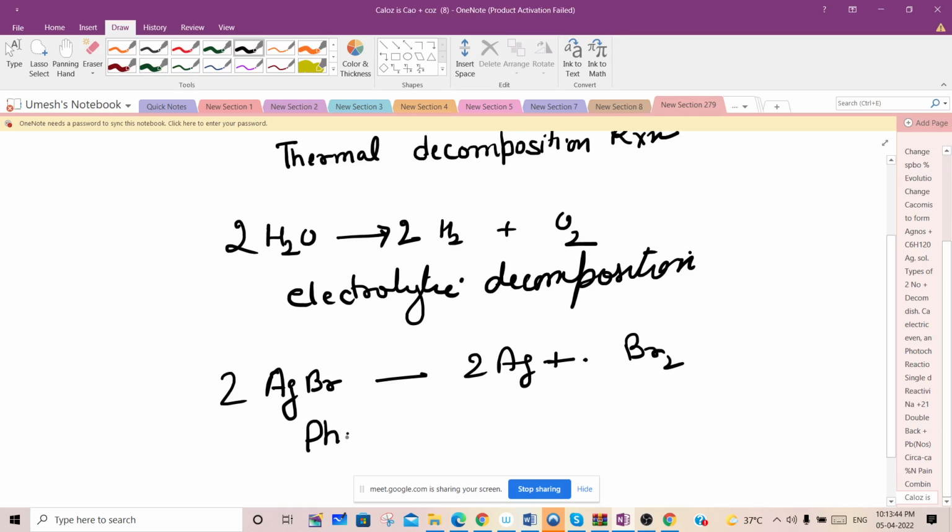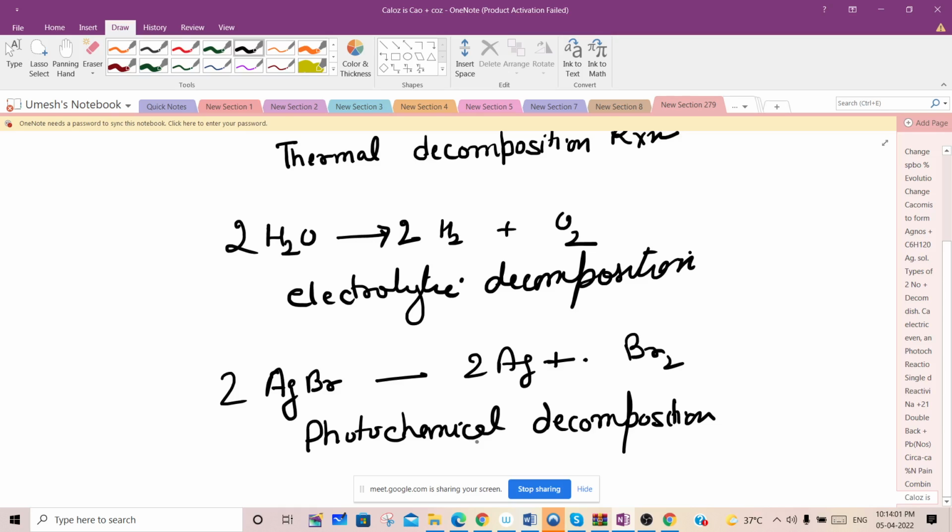This is a photochemical decomposition. Everybody getting this? Understood? Yes, sir.